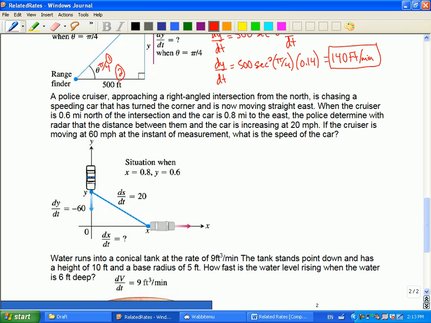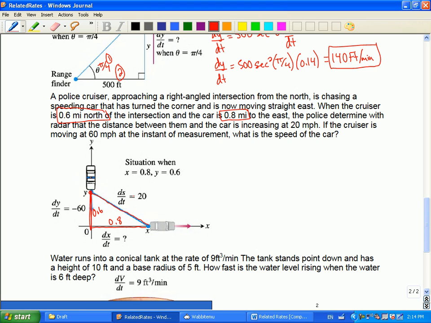If we were to do this without a picture, we would have to start labeling. So right away, there's a cruiser 0.6 north, so I would have gone like this. Here's my police cruiser, 0.6. And it says the car is moving east, and 0.8. Then it tells me the distance between them, here's the distance between them, is changing at a rate of 20 miles per hour.